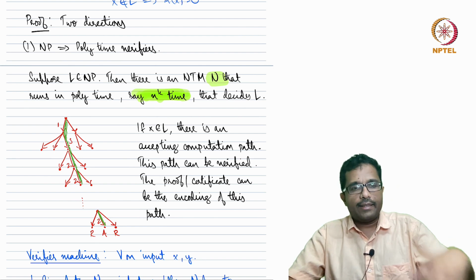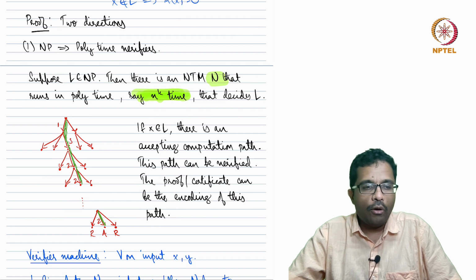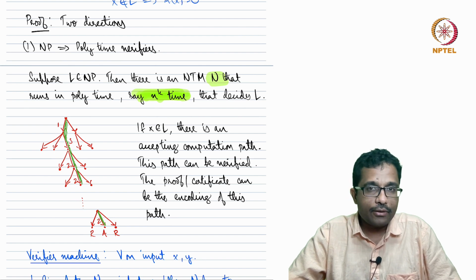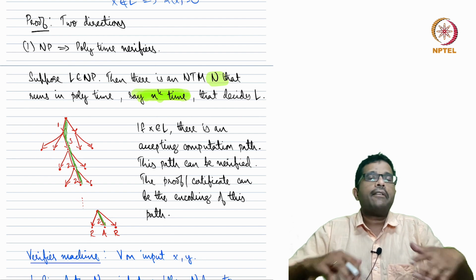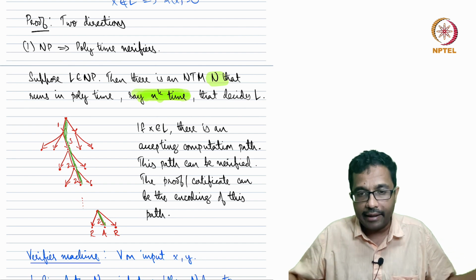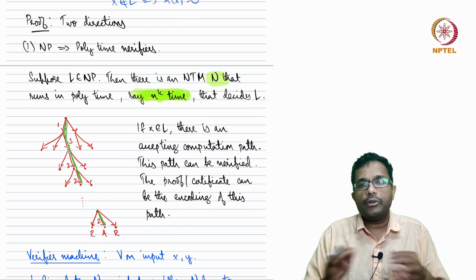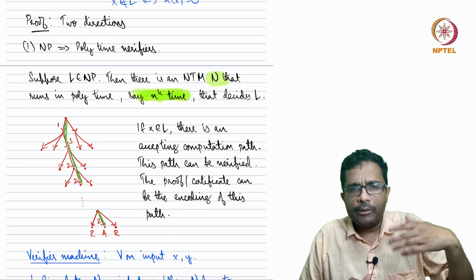Again, the setting is that you have a deterministic Turing machine, and I want you to verify that this non-deterministic Turing machine accepts x, but you don't have the bandwidth or the time to test all the possible computation paths and simulate the entire NTM N using your deterministic Turing machine. So I am telling you, don't simulate the entire thing.